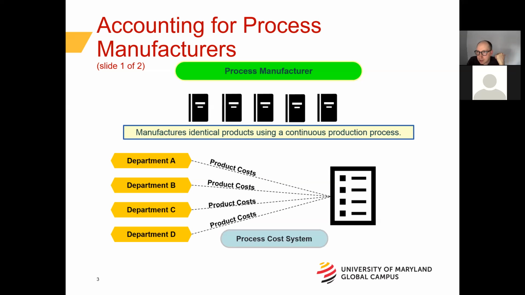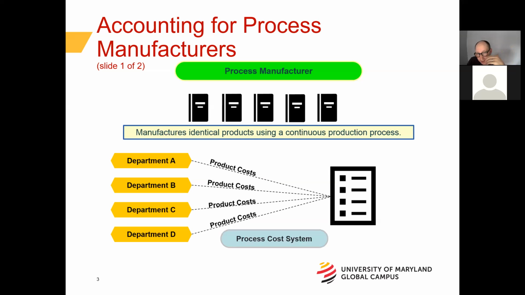And that is continuous. It's done regardless of customer orders. It's a continuous flow, right? And so we can see that at each department level within work in process, we're adding more direct labor and more factory overhead.